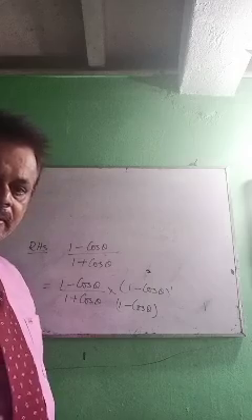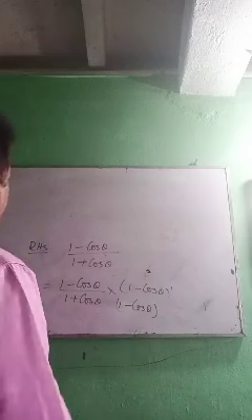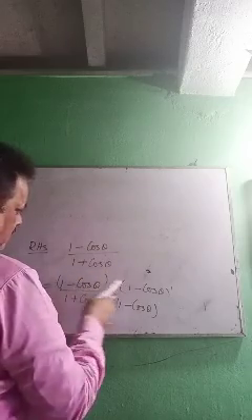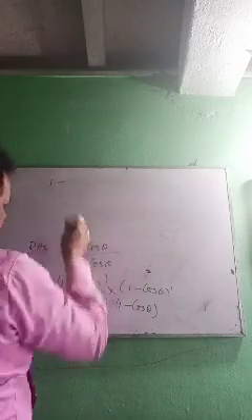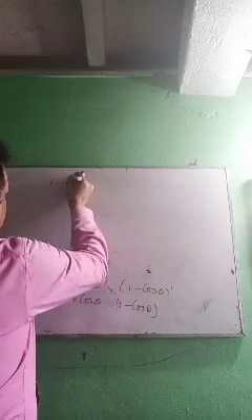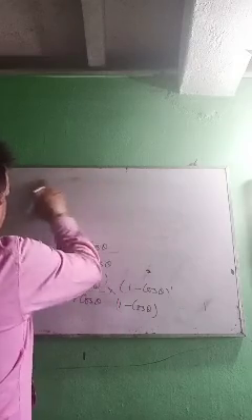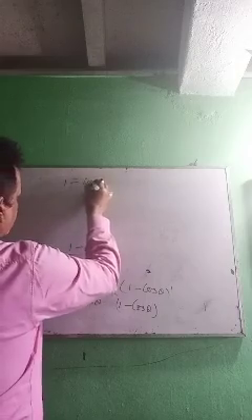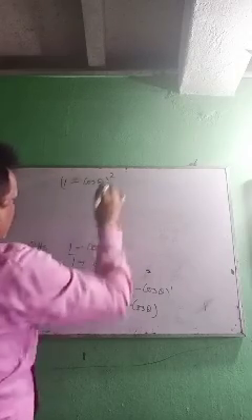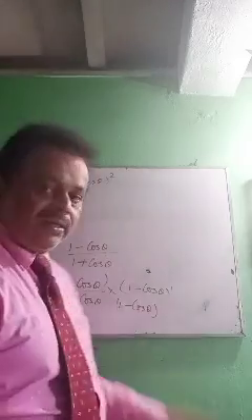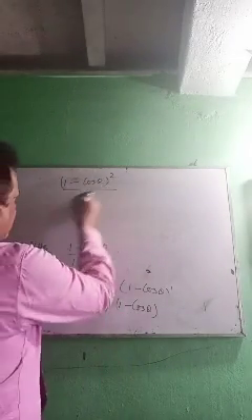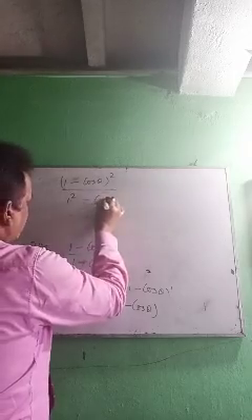First, what is the numerator? 1 into 1, 1 minus cos theta, or let's write a minus b is a minus b whole square. Okay, a minus b whole square. A plus b, a minus b, a square minus b square.